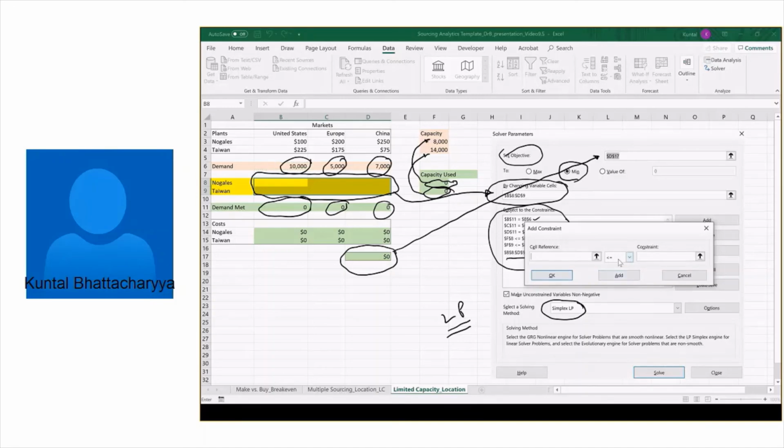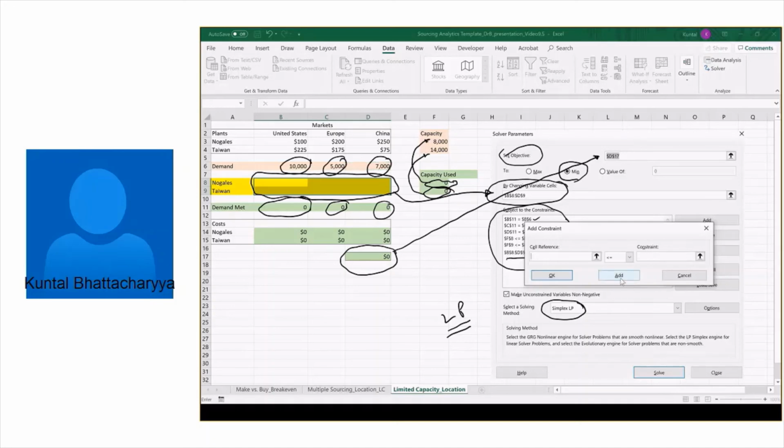In the same way, I choose this cell C11, make it equal to this guy, and finally I choose this last cell here, D11, and make it equal to this guy, D6. Okay, so that takes care of my capacity and supply and demand constraints.